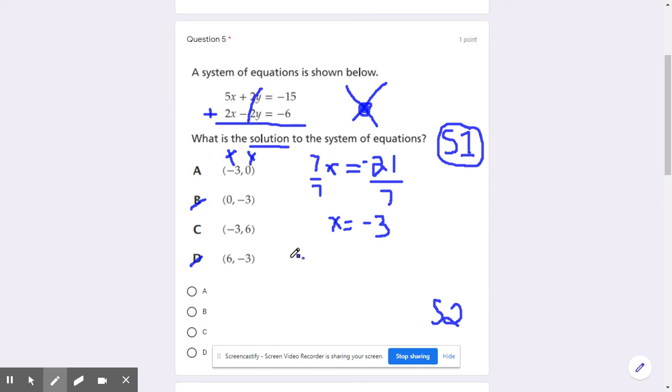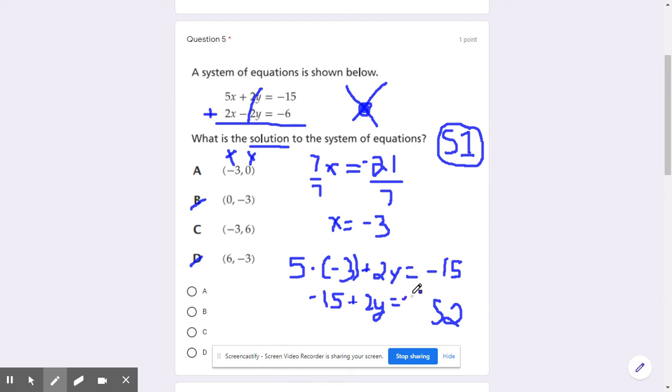So it's going to now be 5 times negative 3, and if I add it with 2y, that has to be equal to negative 15. So now what we must do is solve for y. And 5 times negative 3 is negative 15. So I have negative 15 plus 2y equal to negative 15.